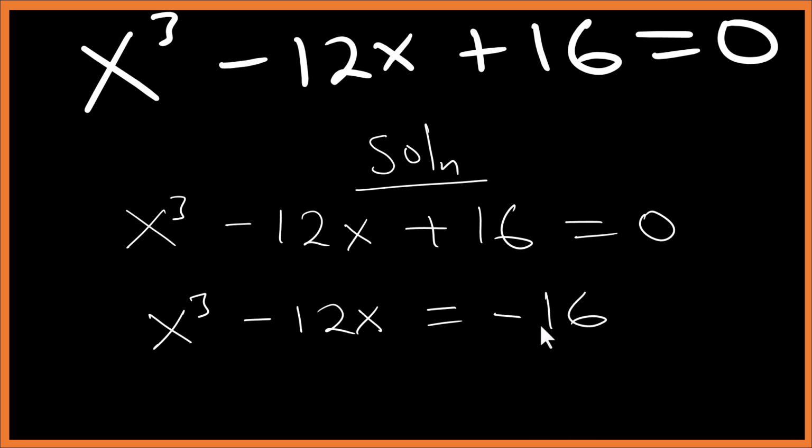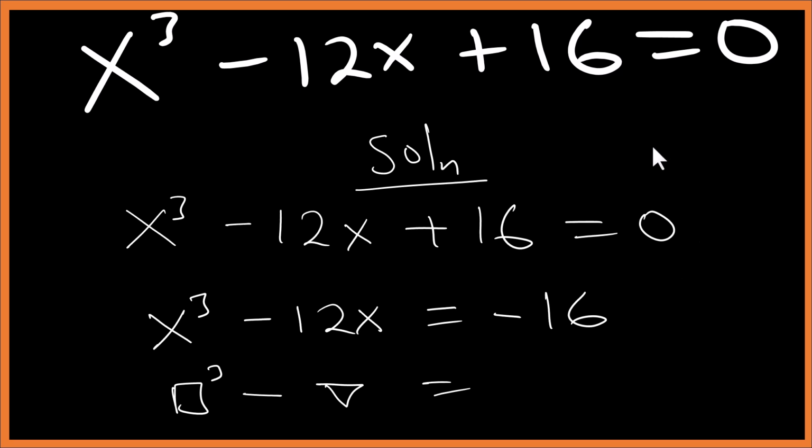All right. Now, we know we have something cubed minus something equals this. So let's form something cubed minus something. So what we are going to do is to replace this minus 16 here.